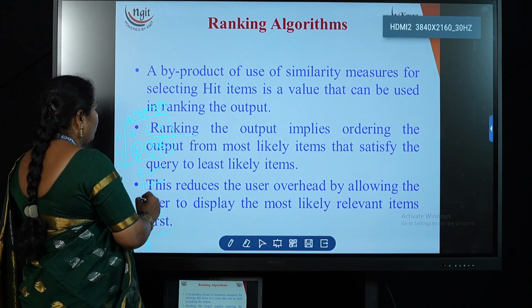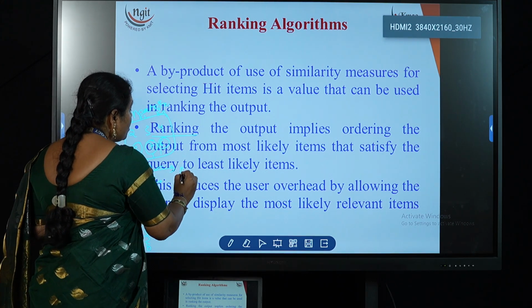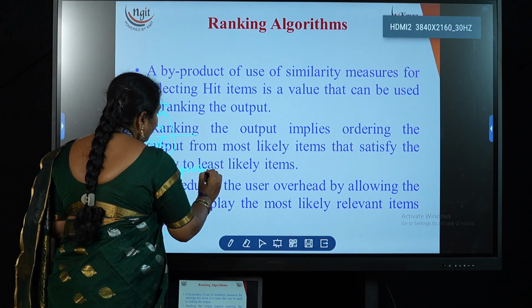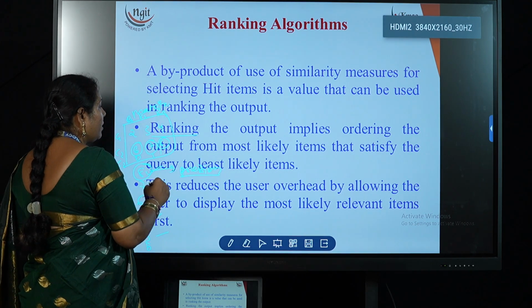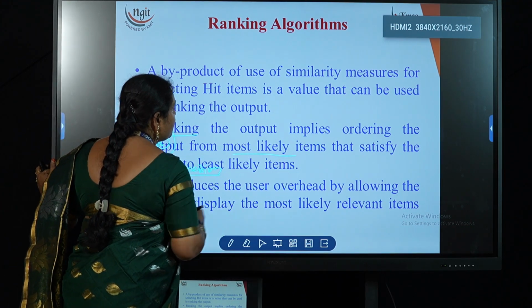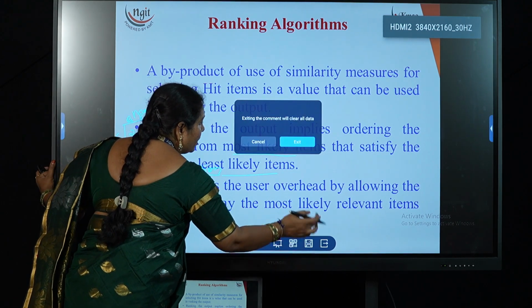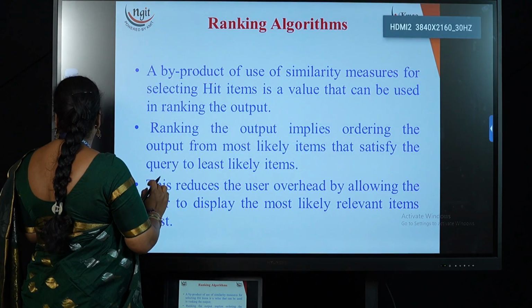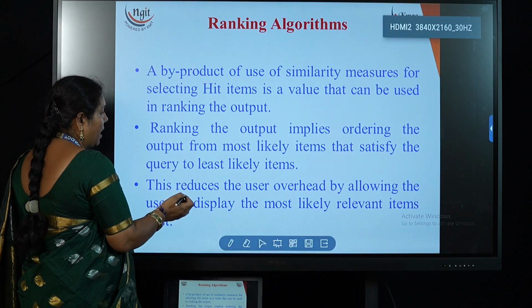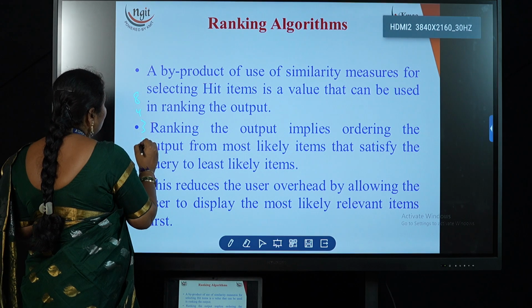Whenever you are taking 8 as a relevant document, your precision will increase, right? At the end of the day, we want more precision and we should get more relevant data. Most likely items can be satisfied with the least likely rules. When I do the ranking part, I'll get it this way: 8, 4, 3, 2, 0.